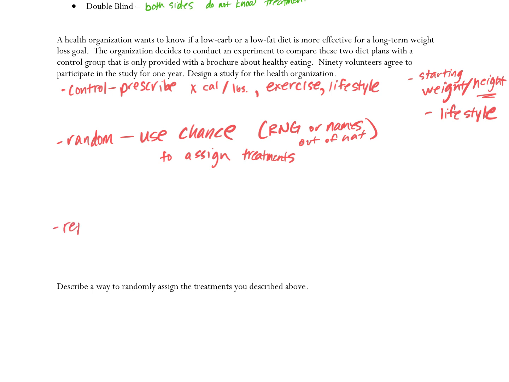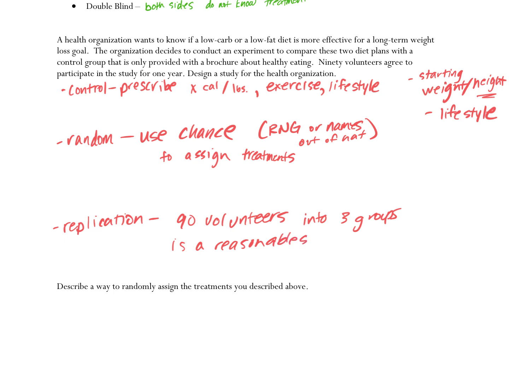And then for replication, we're going to say 90 volunteers is a good size, that if we see differences in groups of 30, that's probably going to be enough to be telling.